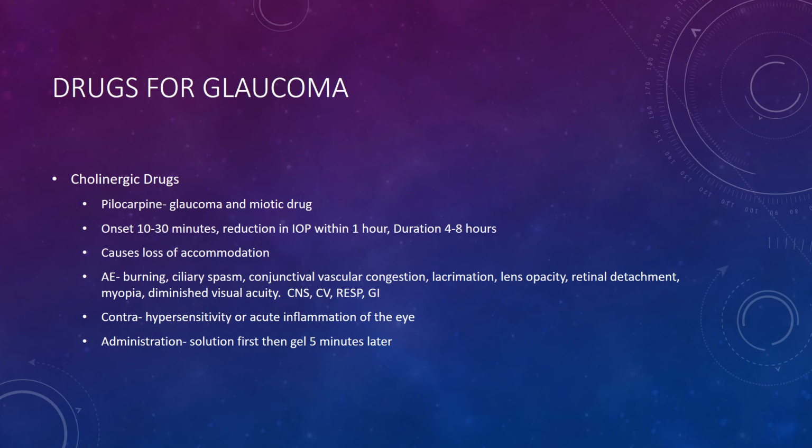Cholinergic drugs, pilocarpine is the drug here. The ophthalmic cholinergic drugs increase the outflow of the aqueous humor to reduce intraocular pressure, and it's a quick onset again, and it does cause a loss of accommodation.